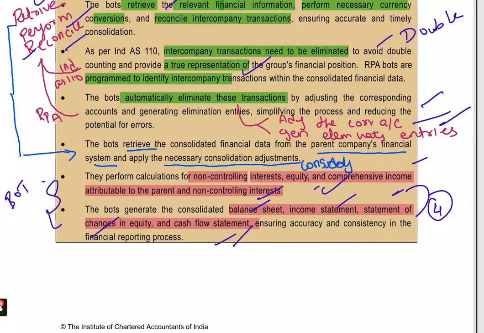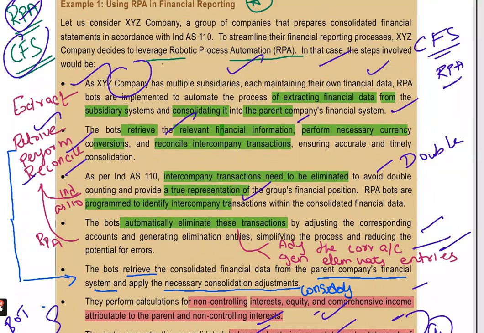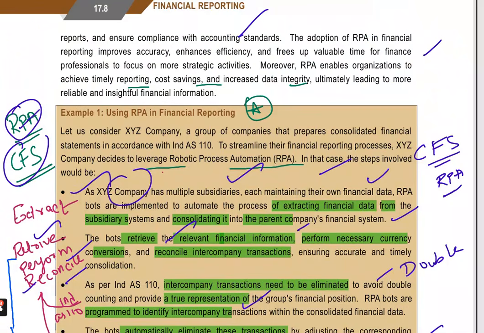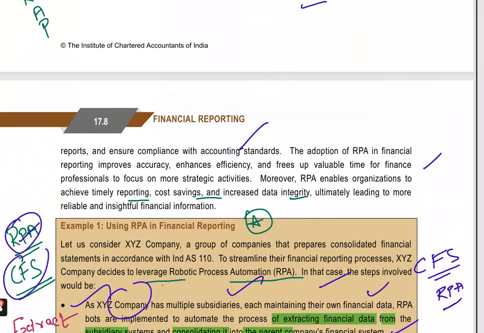After that it generates the balance sheet, income statement, statement of changes in equity, and cash flow statement, and also the calculation of the parent and the NCI, which is also done by the RPA. So this is the summary of what we have revised. I think this will be helpful for you. Try to revise once or twice, then you will automatically remember whatever I said.